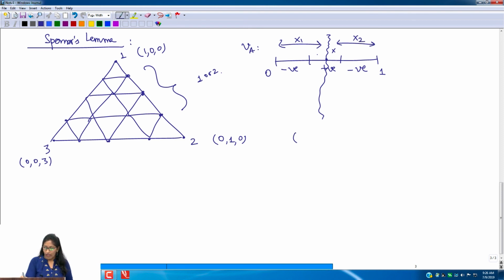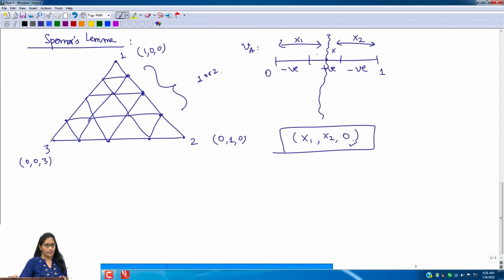So I can represent it as x1, x2, and then 0, right? I just have two parts in this particular cut. So this particular point or this particular division will lie on this particular segment, right? Because the third coordinate is 0, it will definitely lie somewhere over here.